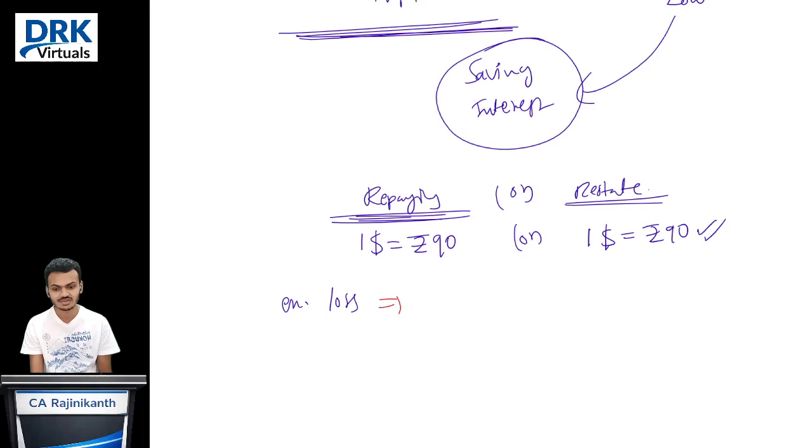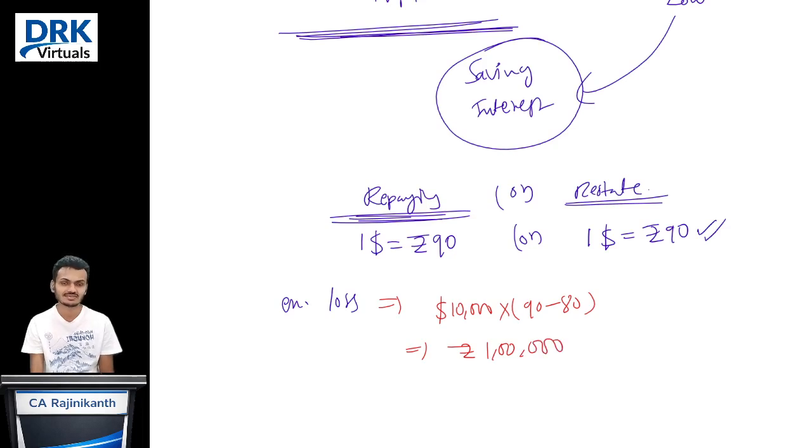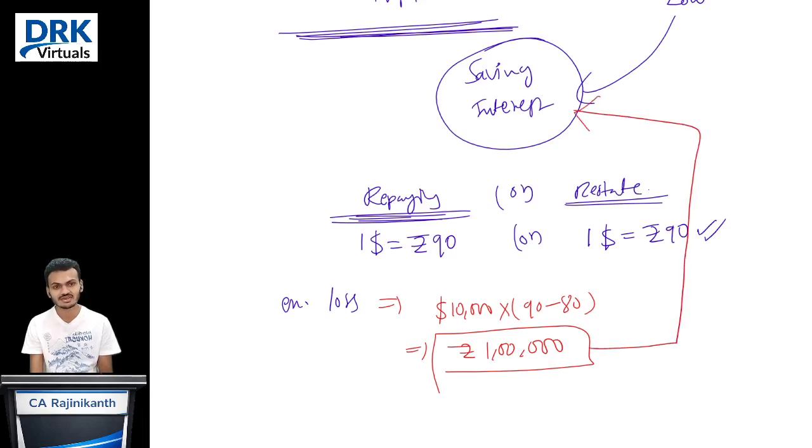How much is it? Dollar 10,000 into 90 minus 80. How much is it? Rupees 1 lakh is our exchange loss. So the standard is saying that this exchange loss can be included in the borrowing cost only to the extent of this interest saving.